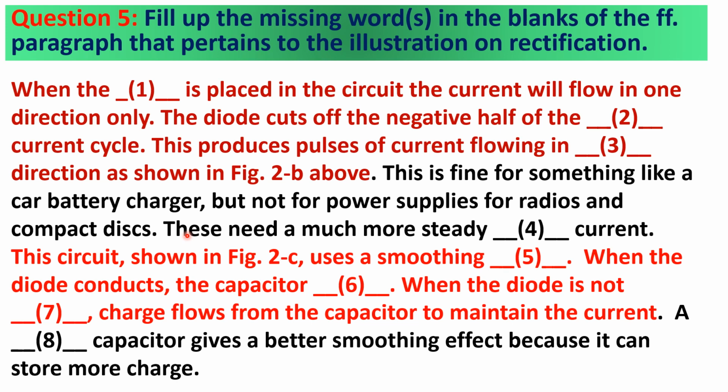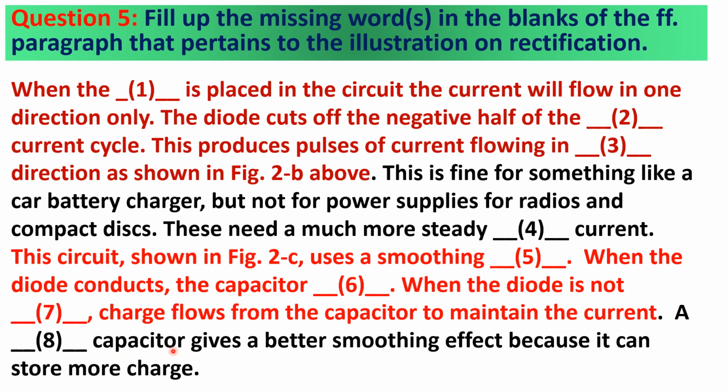So these devices, radios and compact discs, need a much more steady blank current. The circuit shown in figure 2c uses a smoothing blank. When the diode conducts, the capacitor blank. When the diode is not blank, charge flows from the capacitor to maintain the current.